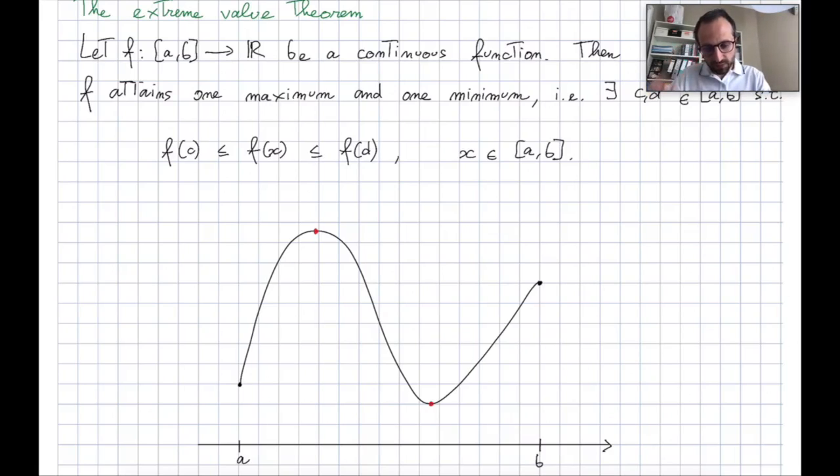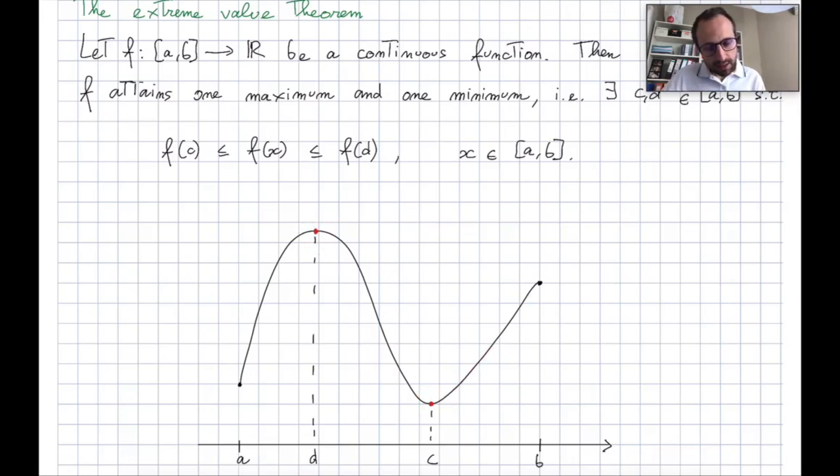We can draw on the x-axis the point d, which was the maximum, and here we've got c, the minimum. So you see that the values of our function, f of x, are bounded from below by f of c and from above by f of d.